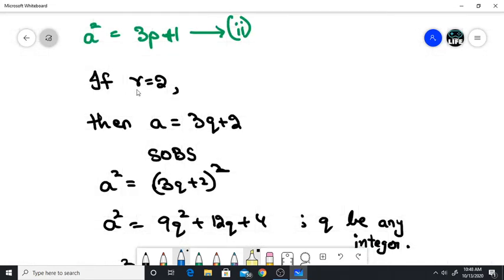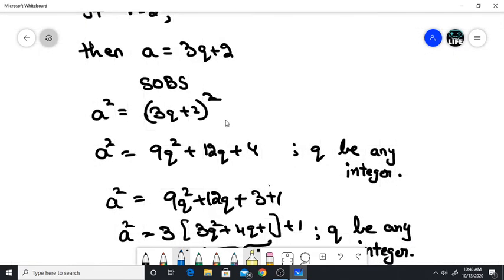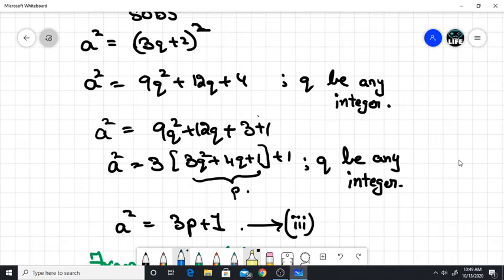If r equals 2, then a equals 3q plus 2. Squaring on both sides, we get a square equals 3q plus 2 whole square. Then a square equals 9q square plus 12q plus 4, where q is any integer.